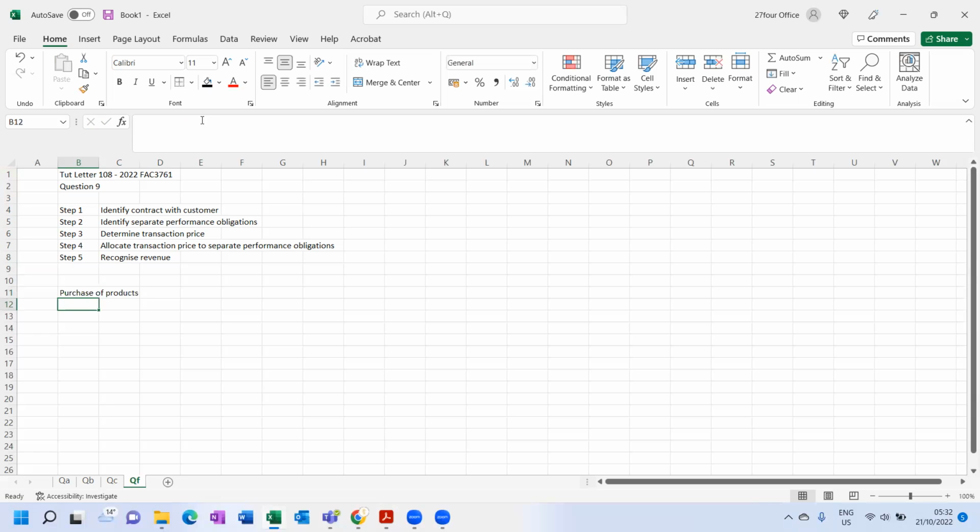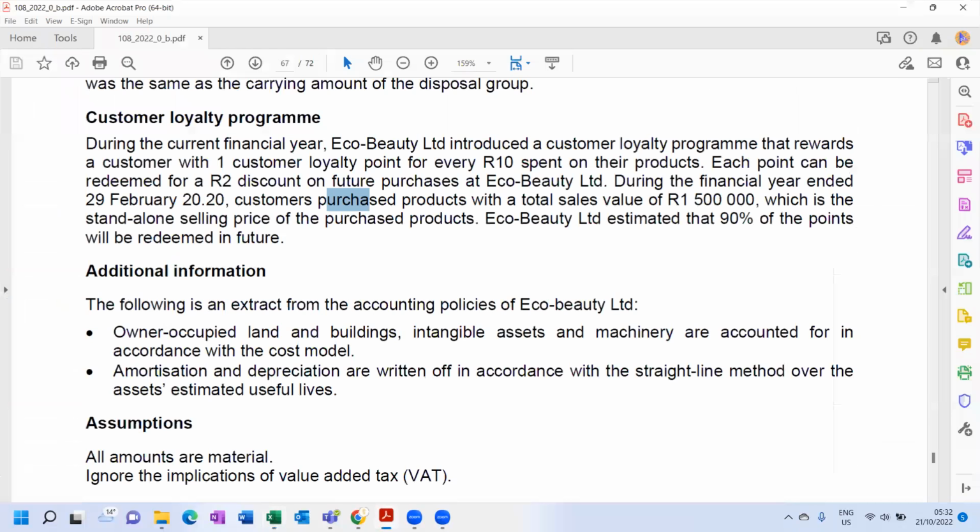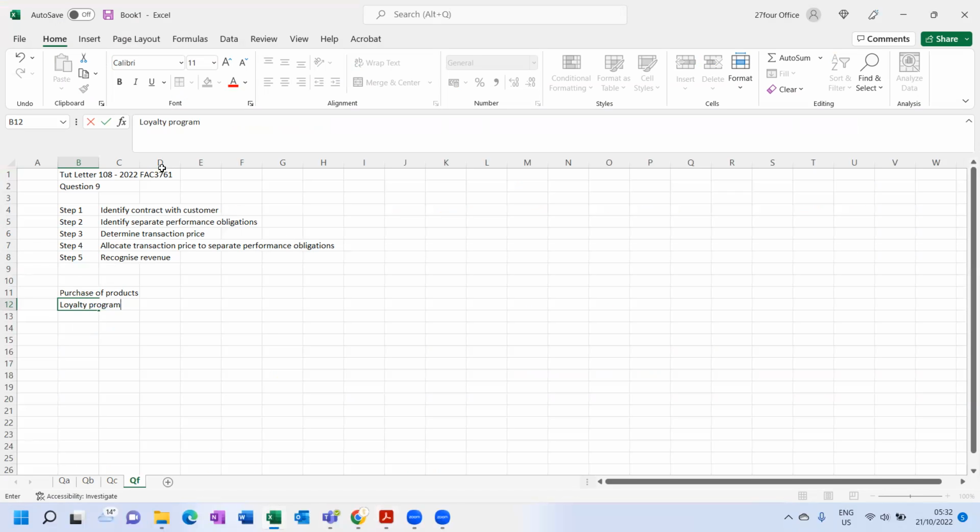And then the other one is the loyalty program. How do they spell program? Loyalty program, double M.